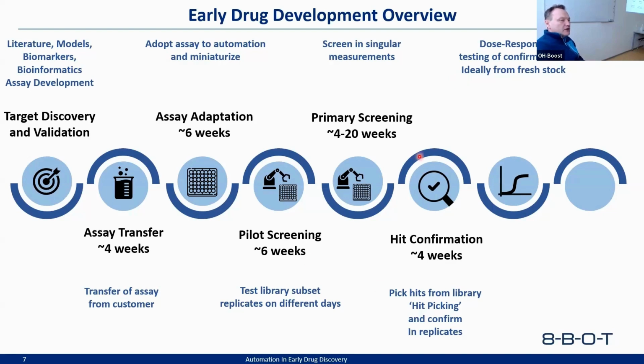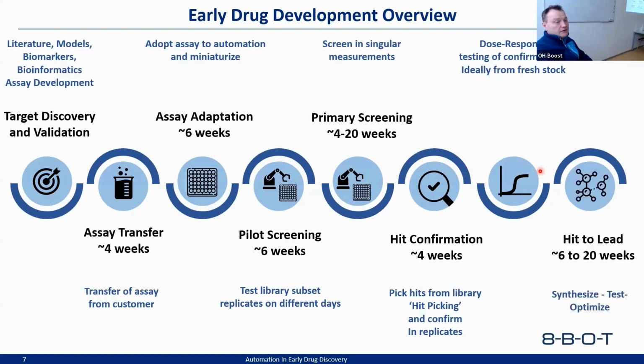Because in hit confirmation, you can also find hits which are false positives. For instance, if you go for fluorescence assays, you have autofluorescence compounds and they show up as hits and you say, well, I got a new structure. And then you go for a dose-response curve in a meaningful assay and you find out, well, it's just an autofluorescence compound and it has no pharmacological effects at all.